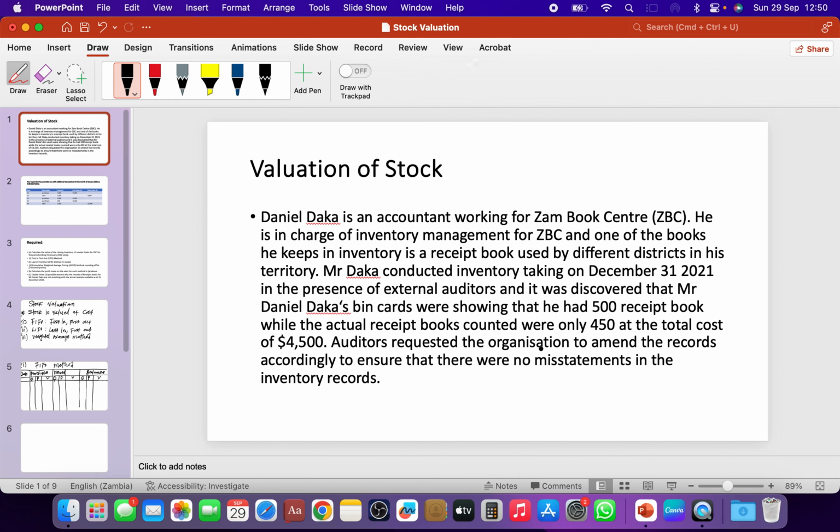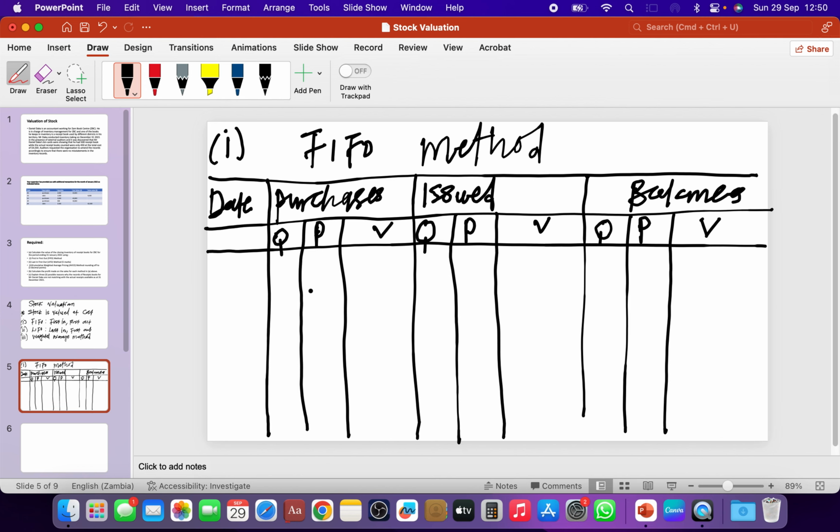So we begin looking at the question. We are told that on the 31st December 2021, the count was conducted, and the count sheet shows the following. Stock counted was 450 at a total cost of 4,500. That would be our opening balance in the month of January 2022. So on the 1st of January 2022, we have stock.